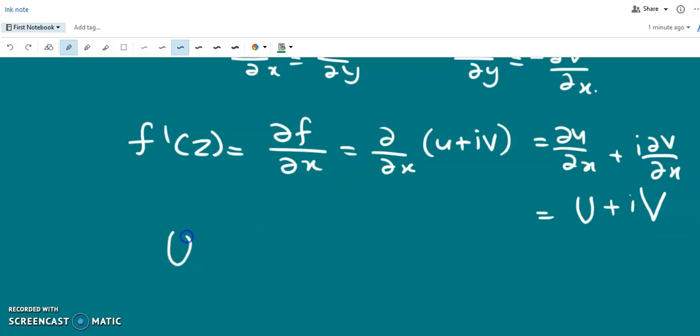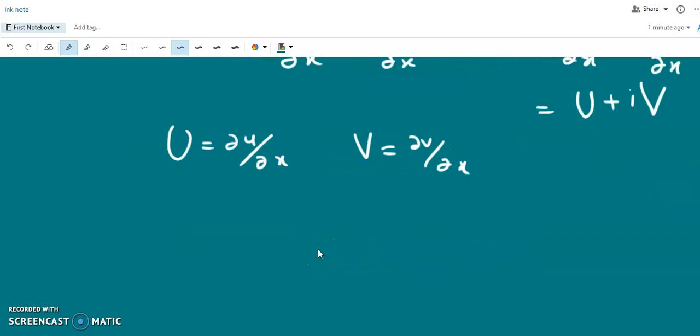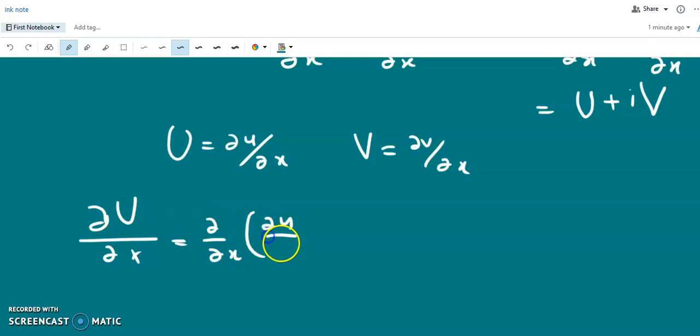Here capital U is nothing but dou u by dou x, and capital V is nothing but dou v by dou x. So now we have to check Cauchy-Riemann conditions on capital U and capital V. Dou capital U by dou x is equal to dou by dou x of dou u by dou x, that is dou square u by dou x square.